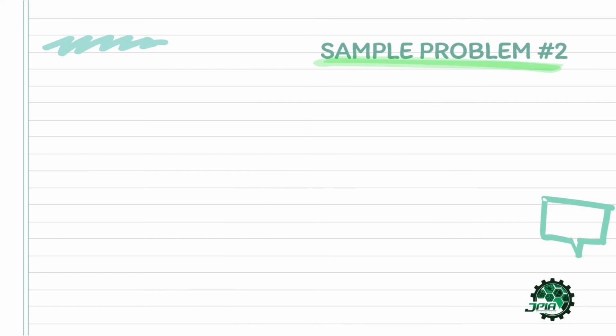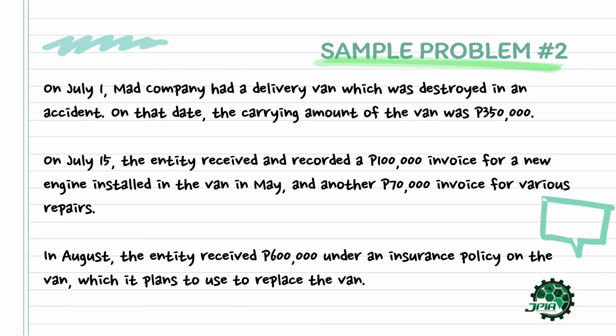Now we go to our second problem. So, on July 1, Mad Company had a delivery van which was destroyed in an accident. So, nasira daw siya sa aksidente. On that date, the carrying amount of the van was 350,000 pesos. On July 15, the entity received and recorded a 100,000 peso invoice for a new engine installed and another 70,000 pesos invoice for various repairs.